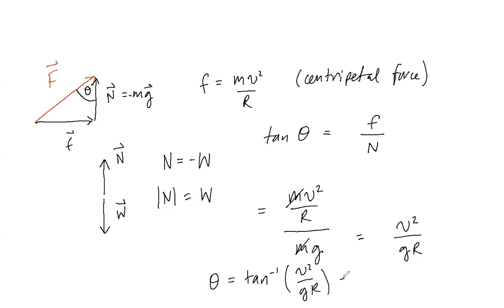And so this is going to be the inverse tangent of the numbers that we had. So I think we had 11.1 meters per second, but squared. Oh, sorry, this is just meters per second, but squared.